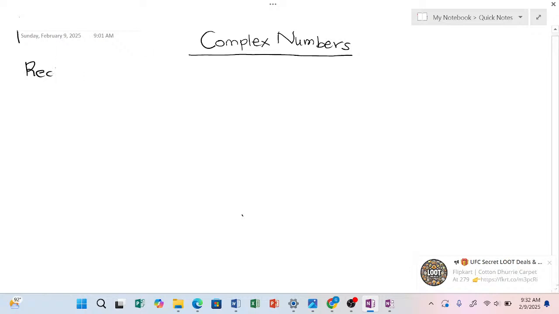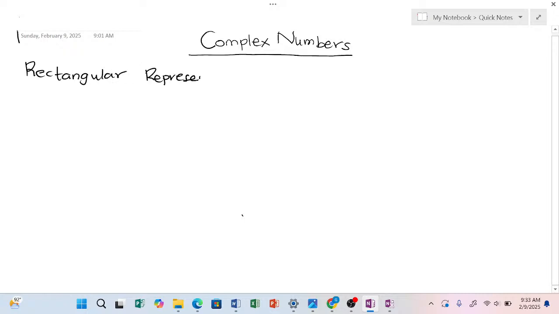For the rectangular representation, we could have, let's say, z is equal to x plus iy. Now, our x that we have here is the real part, or the real number system. Now, our y that we have here is imaginary.